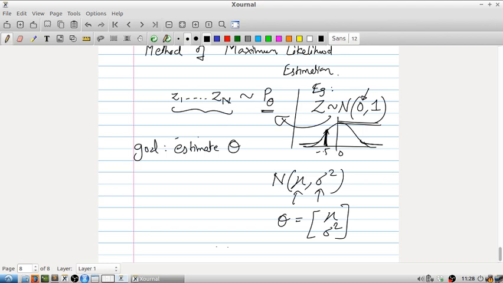The way we do it is to first define a loss function, L of theta, very similar in style to EP of f, which is equal to the sum over i equals 1 to n of the log of p theta of z equal to zi. So what is the probability that z took the value zi?